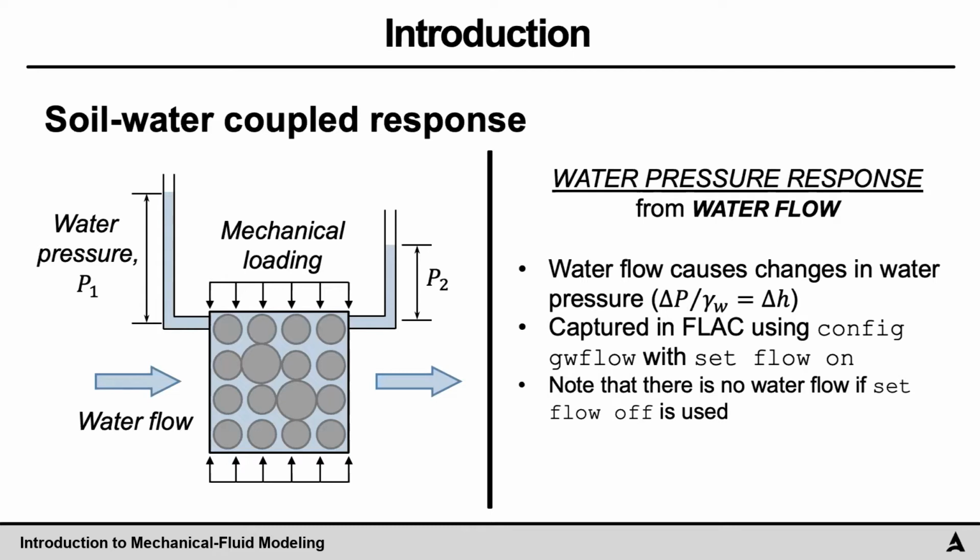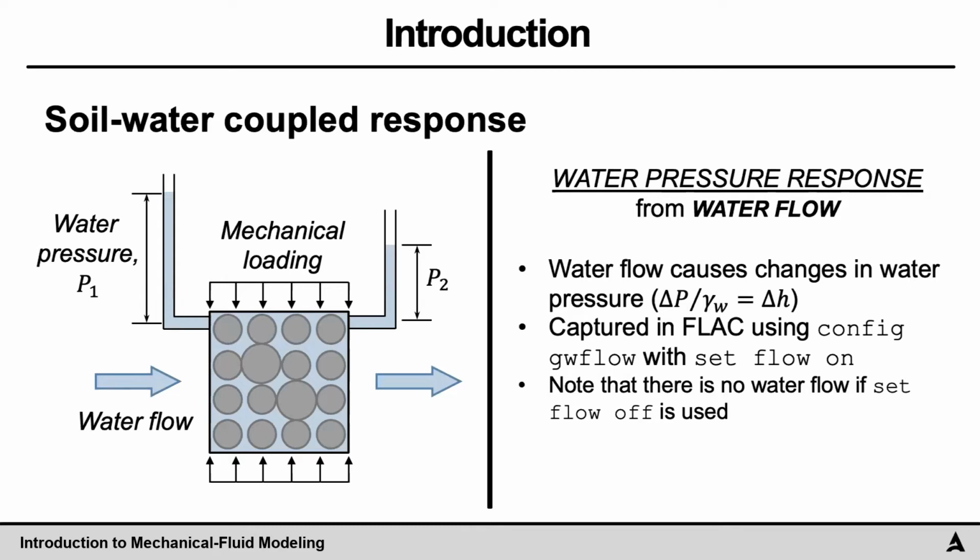So if, for instance, we wanted to conduct a consolidation process, we would need the config GW flow and also the set flow on so that we can calculate the movement of water and the dissipation of pore pressures with respect to time. Note that there will be no water flow, so you could think of this as a fully undrained situation, if you have the set flow off.